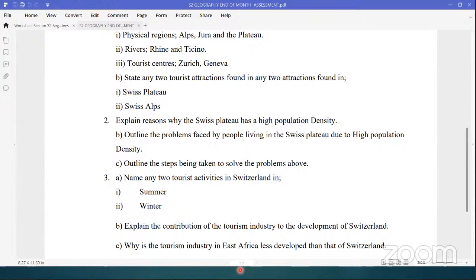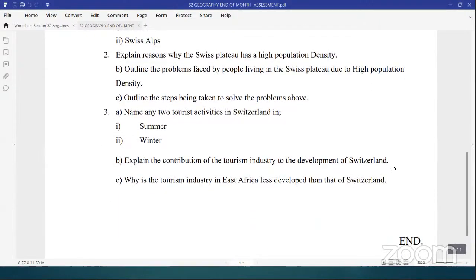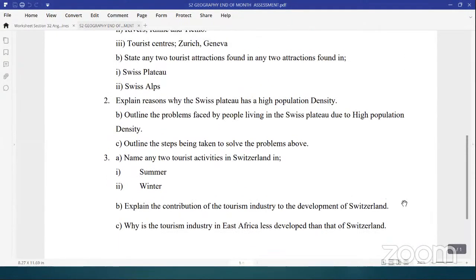I wanted you to mention two attractions in Switzerland, especially during summer season. What are examples of two attractions that are found in Switzerland during summer season?